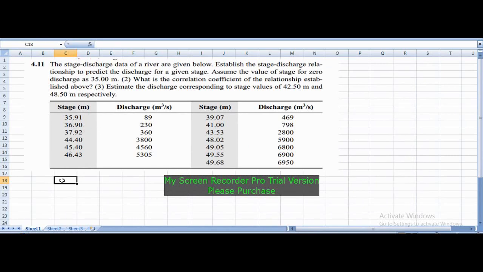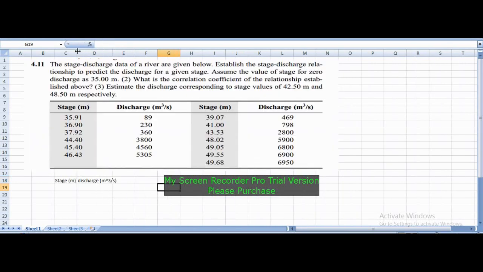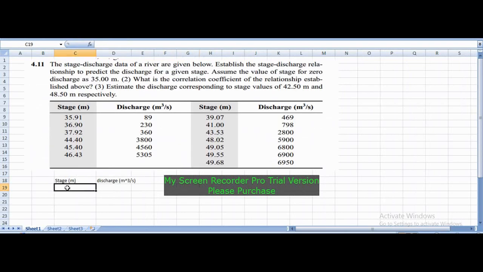For example, we can arrange it like this: stage in meter, and also discharge in meter cubed per second. After arranging this, we write the values in the corresponding columns.